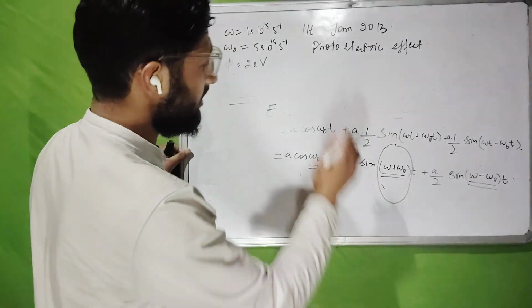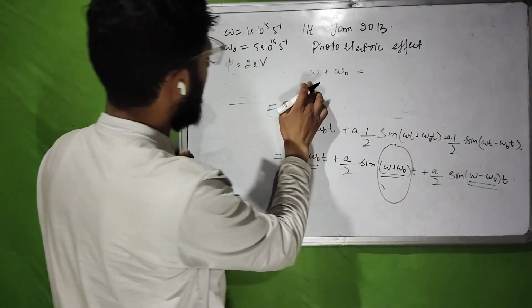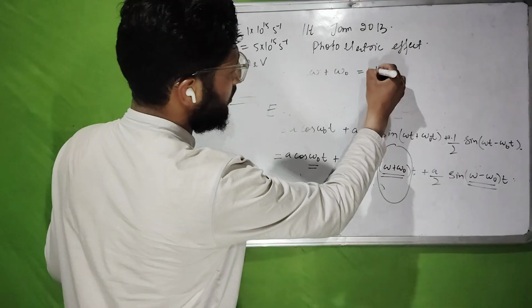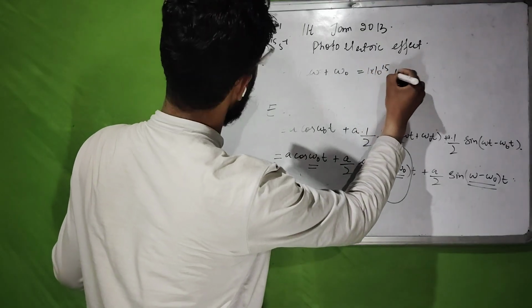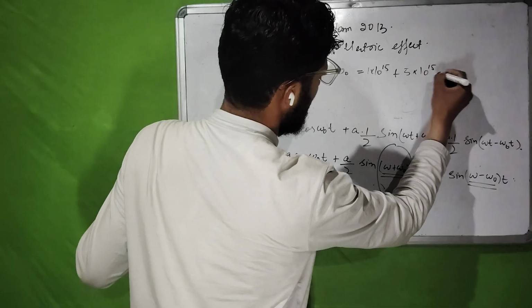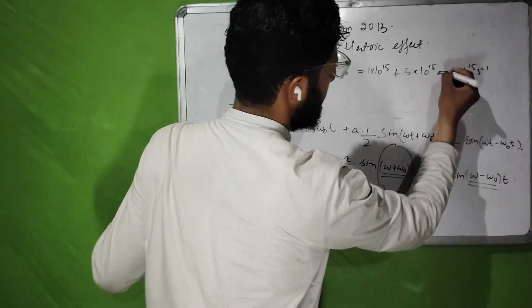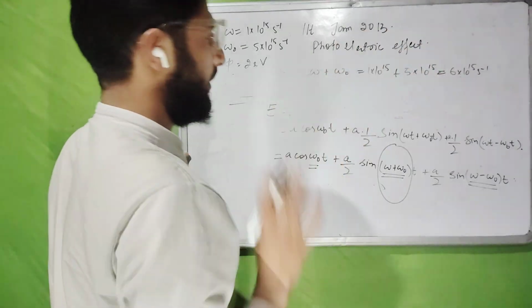So how can we find this? Omega plus omega naught is equal to, our omega is 1 into 10 to the power 15 plus omega naught is 5 into 10 to the power 15. So it will be 6 into 10 to the power 15 per second. So this is our maximum angular frequency.